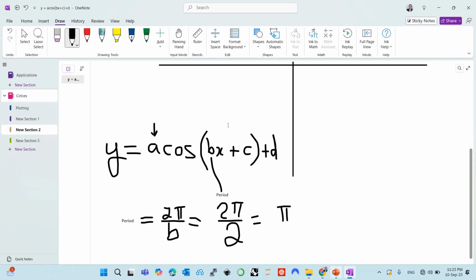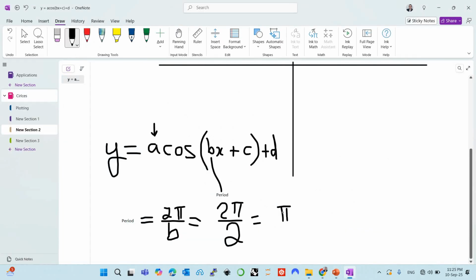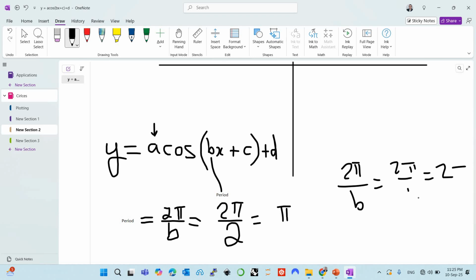For the first case, here we have 1. Let's calculate the period for part A. The period for part A is 2 pi over b, which is 2 pi over 1, equal to 2 pi. Compare the periods of the two.